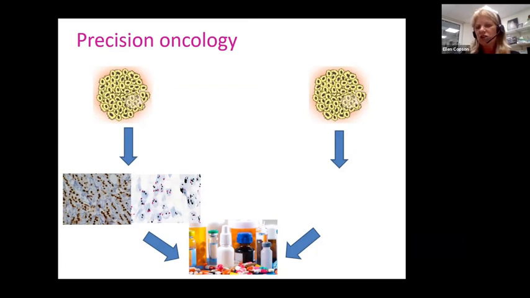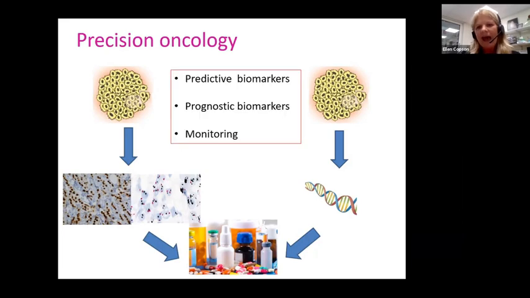And what's really changed over the last 20 years is that increasingly we are looking at the actual sequence of the DNA, or sometimes the RNA, within cancer cells. And we're now using that genomic information both in the context of predictive and prognostic biomarkers, but it's even starting to make its way into monitoring. Now, in the interest of time, I'm going to very much stick to talking about predictive biomarkers today.